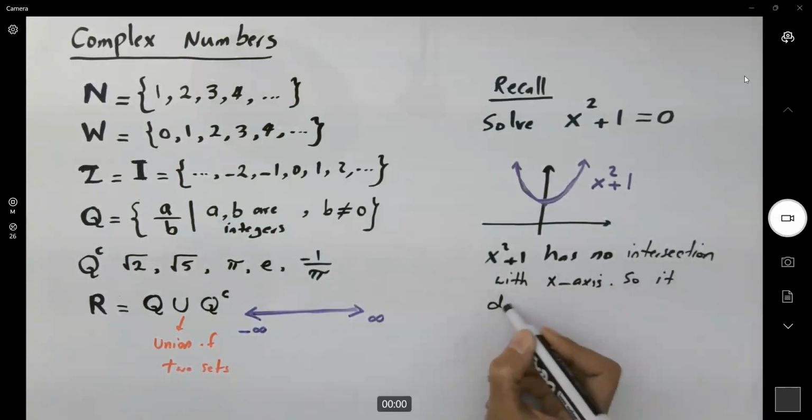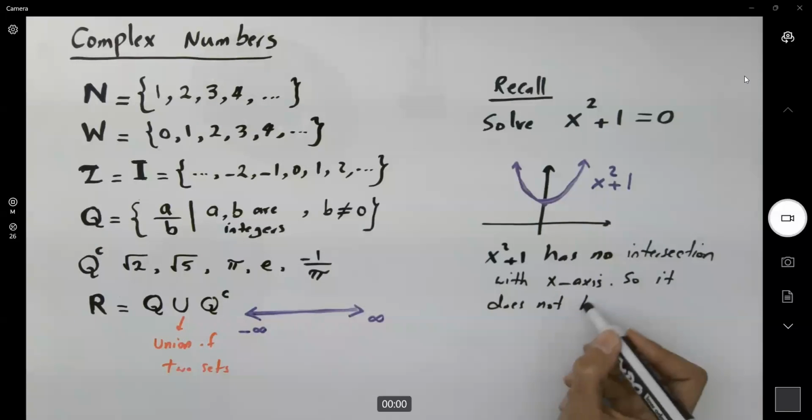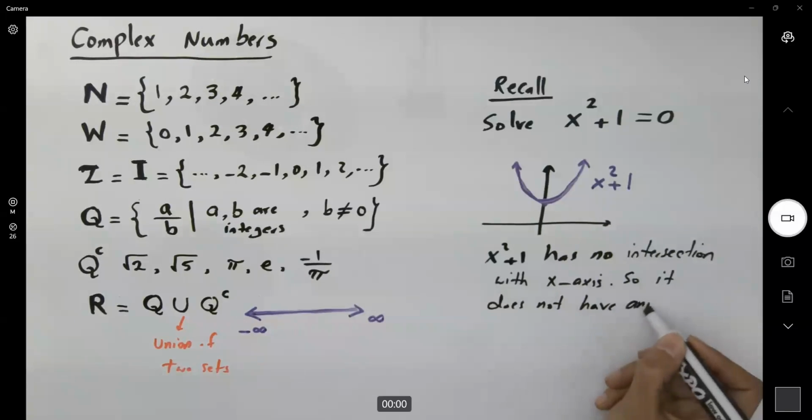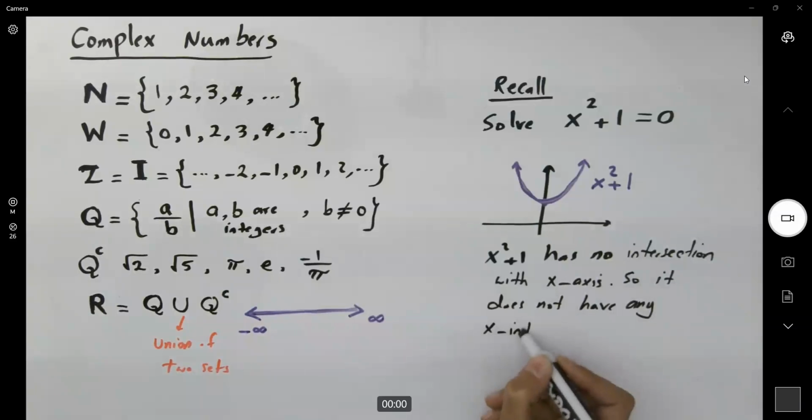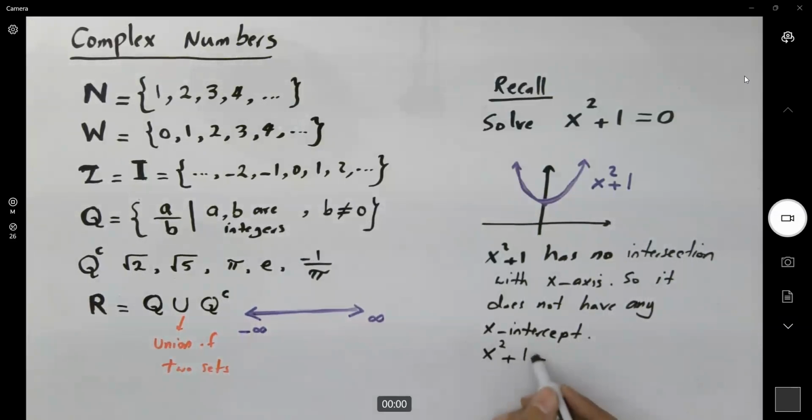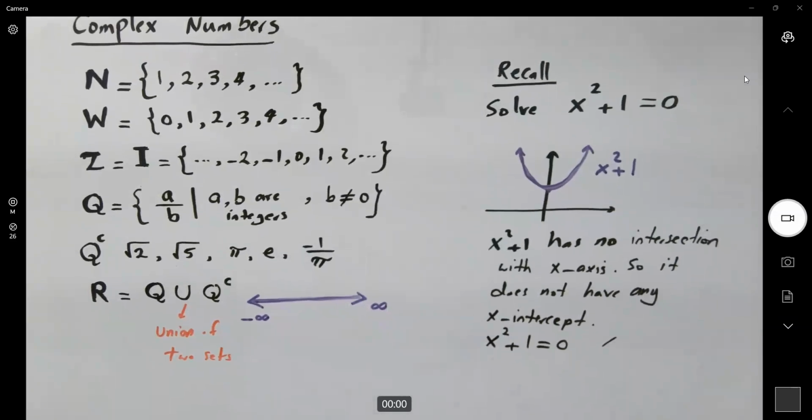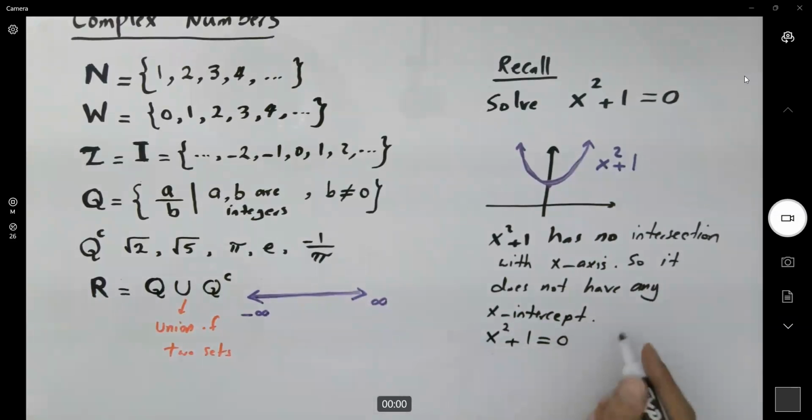Well, what's the meaning of that? It means that if I solve this, I do not get any real solution. If I subtract 1 from both sides, or if I use the quadratic formula, it doesn't matter which method you're using, you get x squared equals -1.